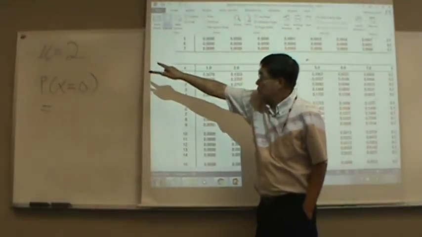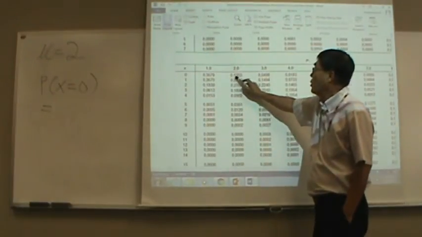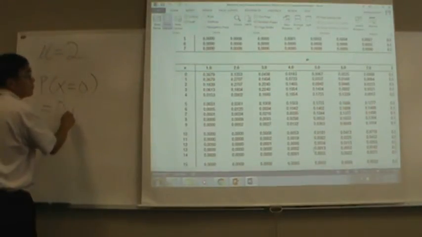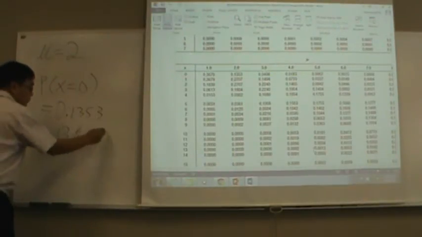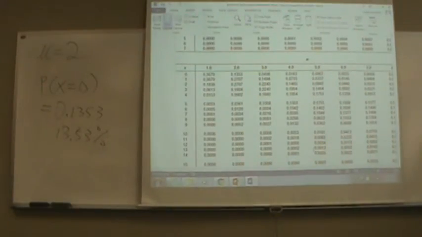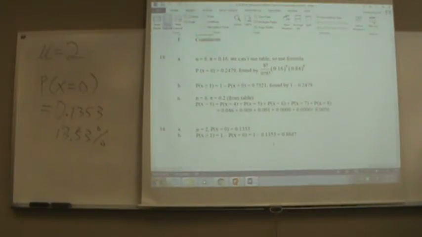When mu equals 2, the probability of 0 is 0.1353, 13.53%. Without calculation, you can find the answer from the table. So the answer is 0.1353.